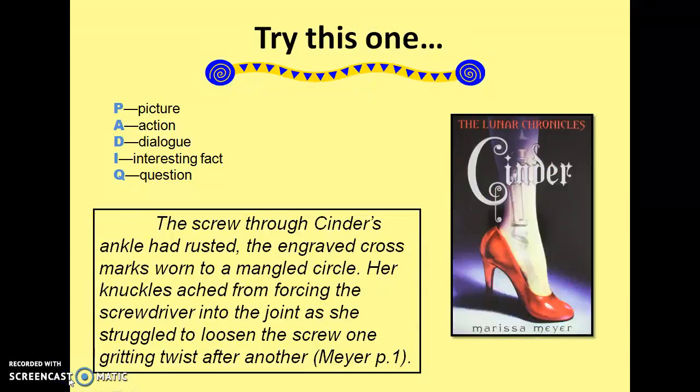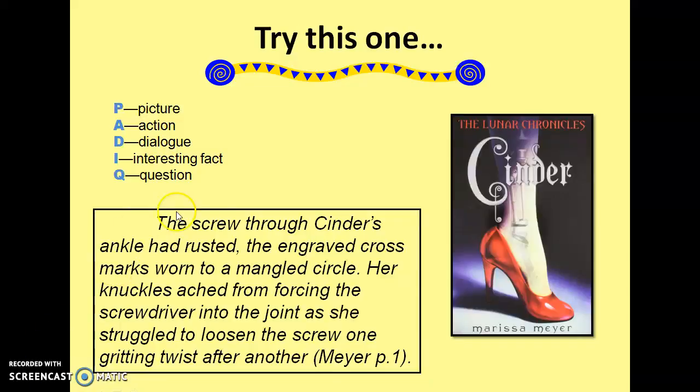Try this one. This is from Cinder. "The screw through Cinder's ankle had rusted, the engraved cross marks worn to a mangled circle. Her knuckles ached from forcing the screwdriver into the joint as she struggled to loosen the screw, one gritting twist after another." How about P for picture?